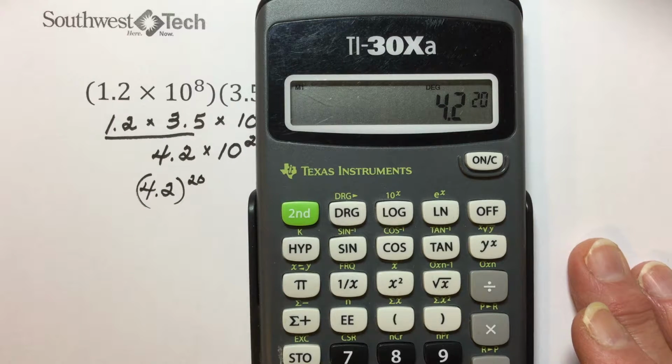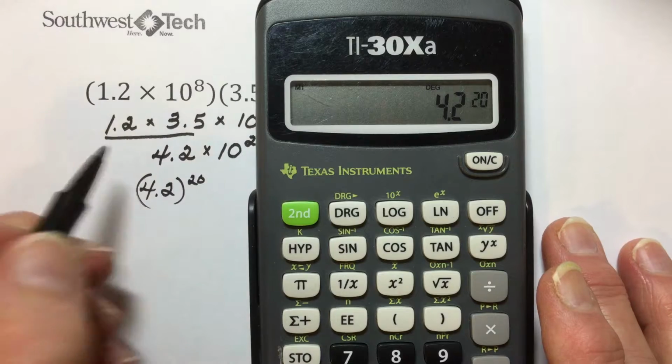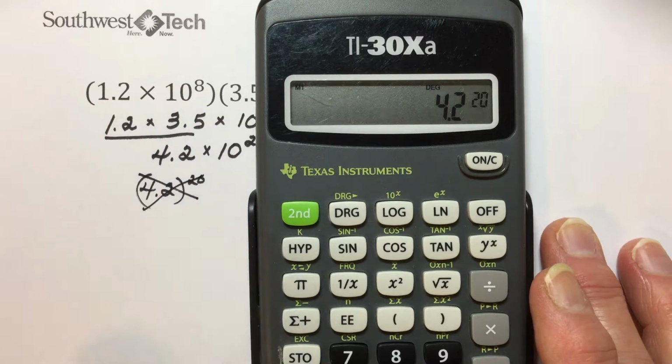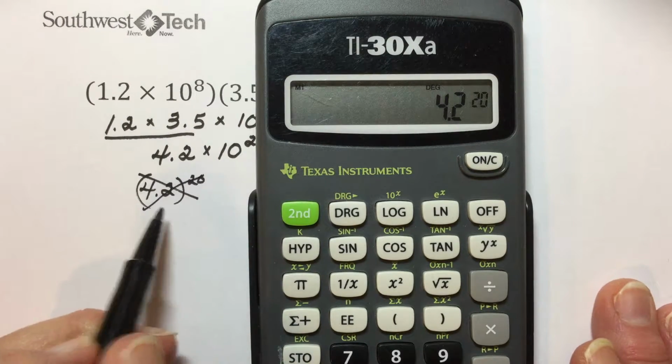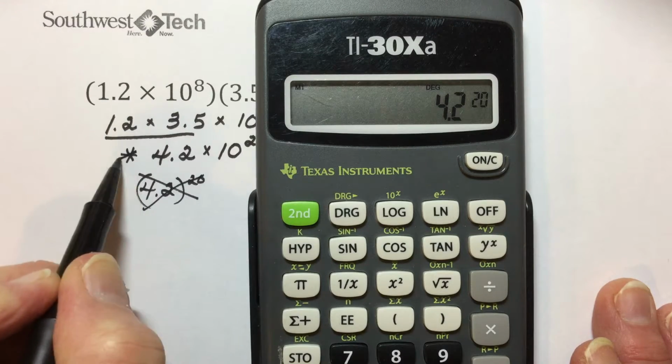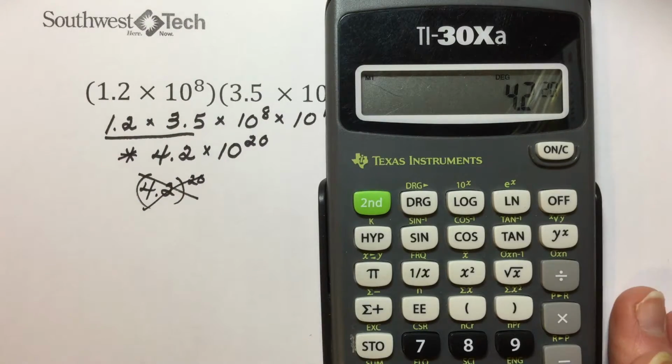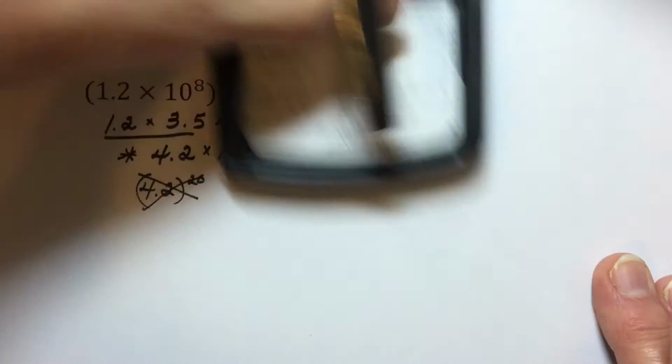We need to recognize how our calculator puts a number in scientific notation, which is the case for this model, and instead of putting this as our answer, use the form of scientific notation that we previously had.